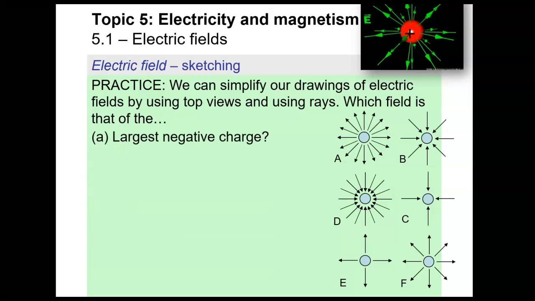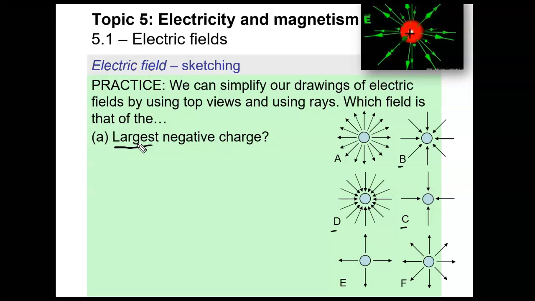The first question says, which field is that of the largest negative charge? Well, electric field tends to go towards negative charge, and so B has a negative charge, D has a negative charge, and C also has a negative charge. If we want the largest negative charge, remember the way we indicate the strength of the electric field is by density.